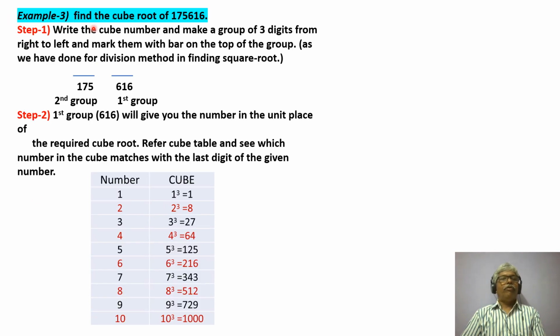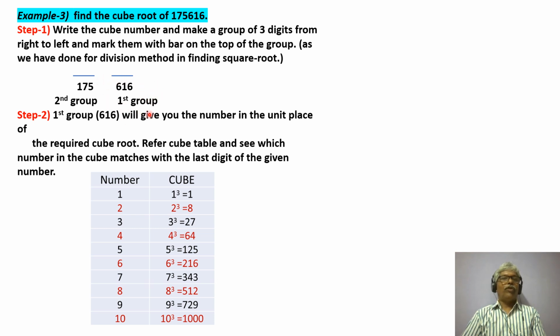Example 3, find the cube root of 175616. The first step is to write this number 175616 and form groups of 3 from the right. So 616 will be one group and 175 will be the other group, and consider the first group first.